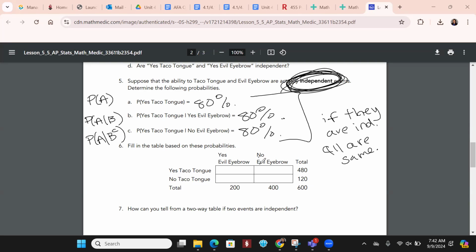Okay. But how can the same thing? So if they're independent, they're not influencing each other, because it shouldn't matter. Then that means our data is proving that they're dependent.